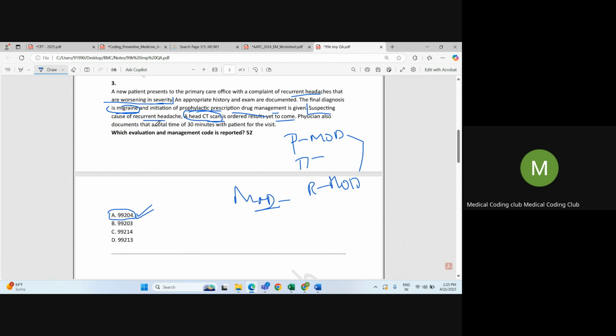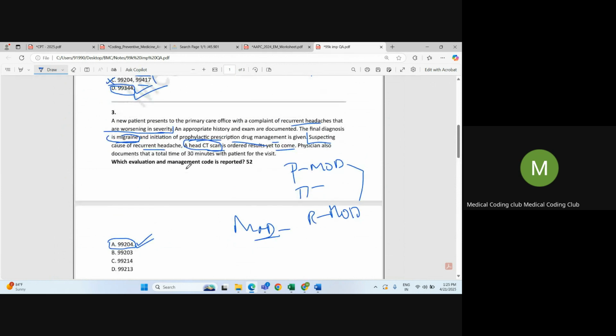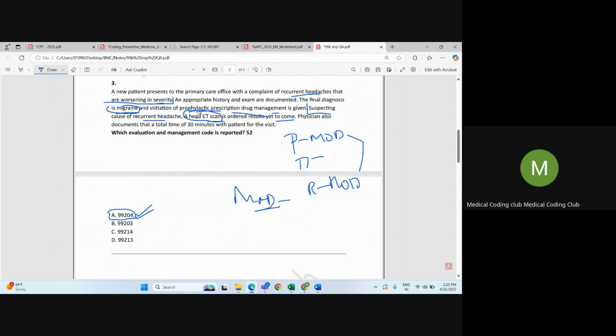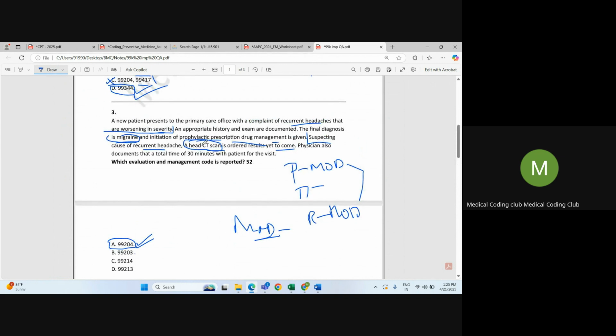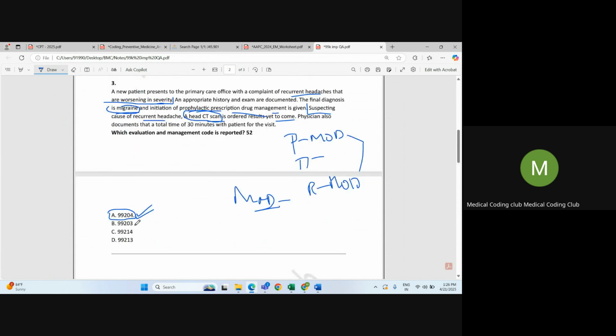But if the same question only used the time coding guideline, and asked what the evaluation and management code is, then following time, for 30 minutes your level will be 99203. Also, if the CT scan was not ordered, or its result was not documented, then for only migraine and prescription drug management, according to the MDM coding guideline you would also have got 99203.